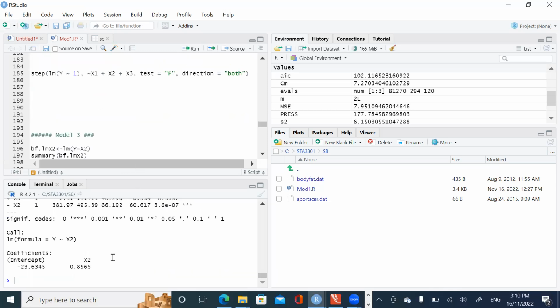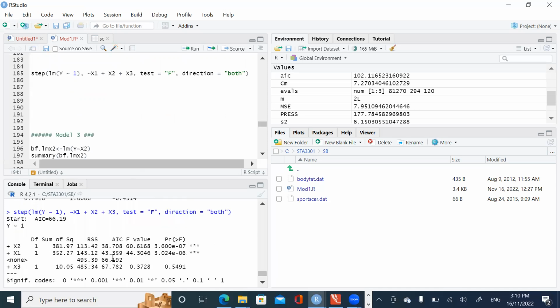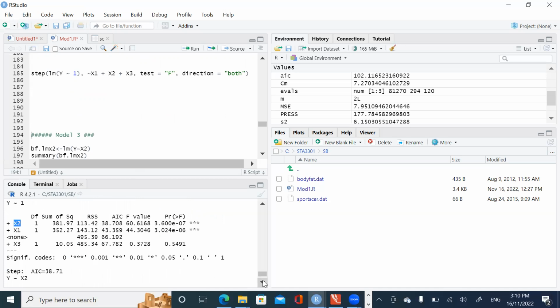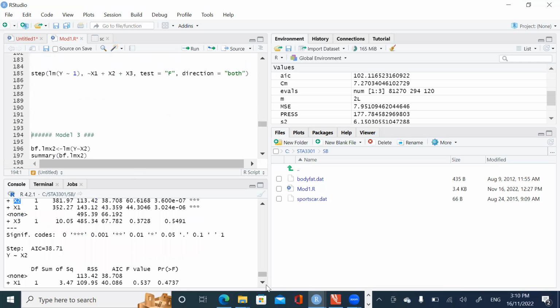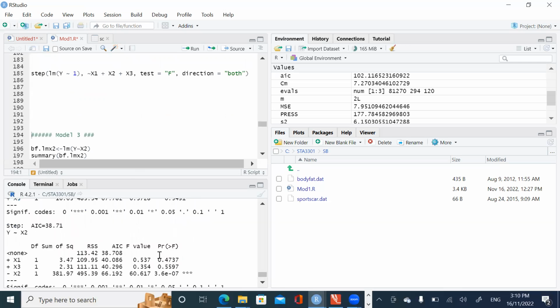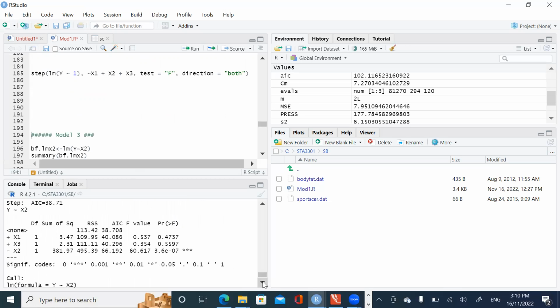Similar to forward, it will start with the intercept model first, and the next significant variable is x2. So in the next step, it includes x2.